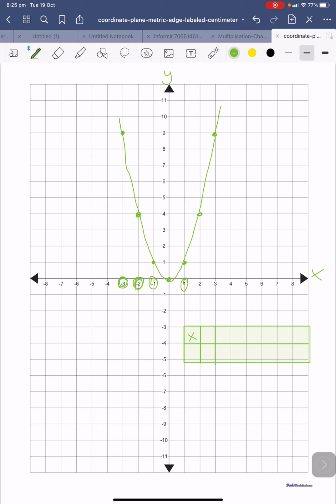You'd put your x on the top, your y on the bottom, and if your formula was y equals x to the power of 2 plus 4, then you would put all of your x values in the top row, whether it's negative 3, negative 2, negative 1, 0, 1, etc. Then you will solve for the y value and put in all your y values.